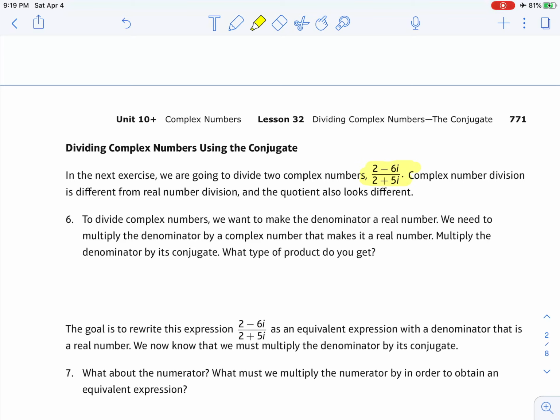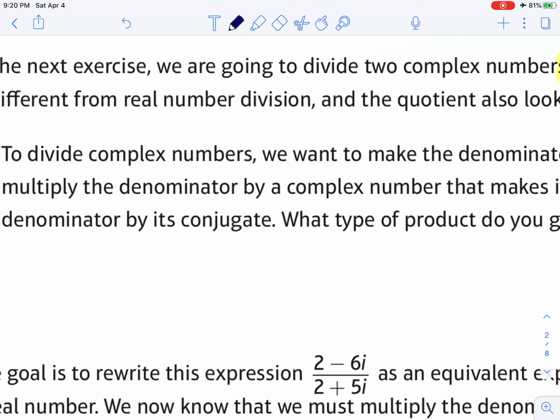We need to multiply the denominator by a complex number that makes it real. And if we remember, before when we multiplied conjugates together, we got a real number. So we're going to multiply the denominator by its conjugate.